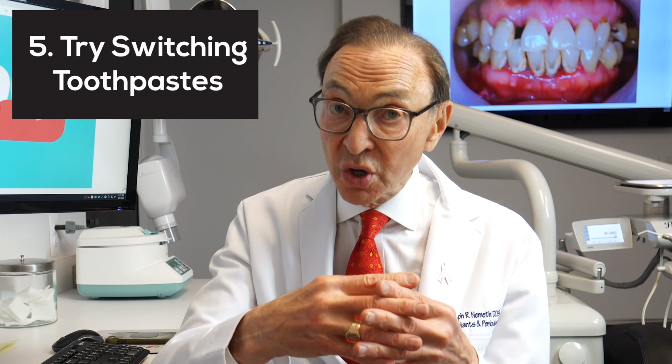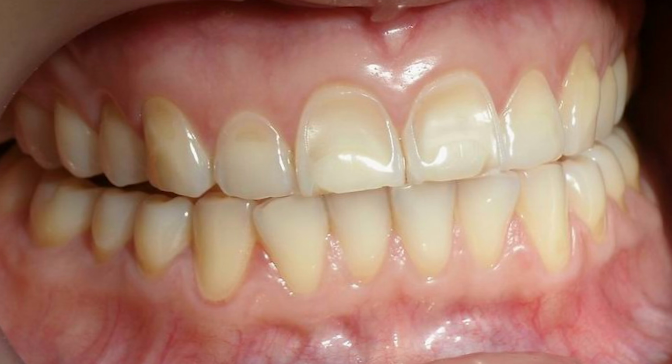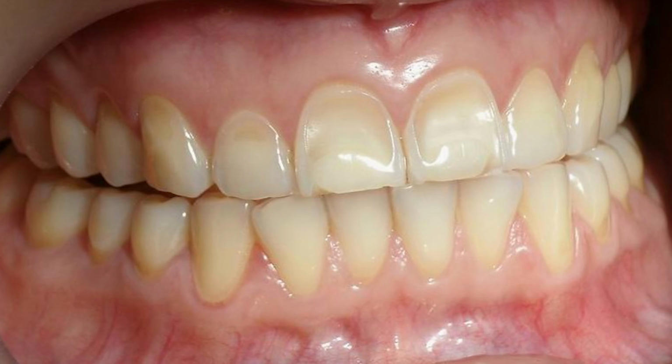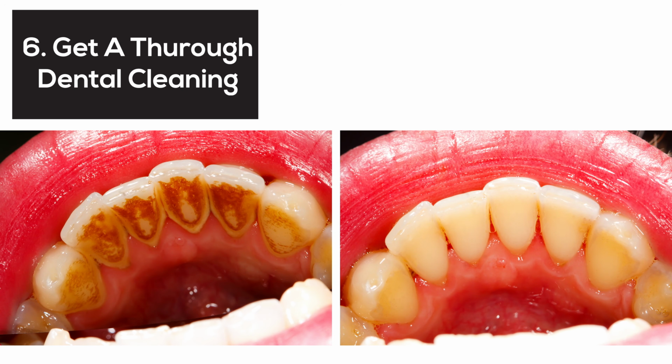In fact, sometimes toothpaste can actually cause abrasion or erosion of the enamel surface and cause notching and contribute to recession. But you might try switching toothpastes, and if you still have a problem, you could try using no toothpaste at all. Make sure you get your teeth cleaned. A thorough dental cleaning will go a long way towards reducing swollen gum tissue.